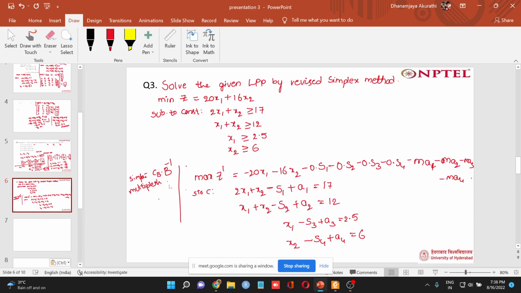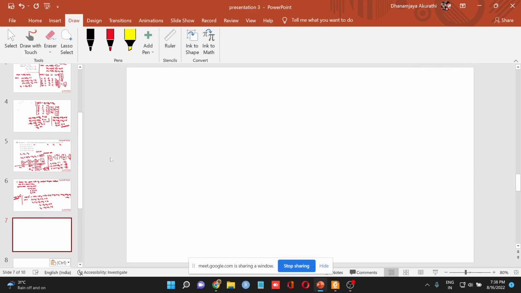So to make it in a table, what are the values you obtain? First the cost coefficient, CV, and then basic variable.